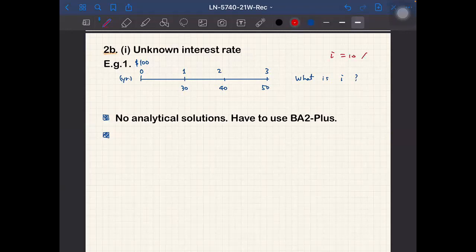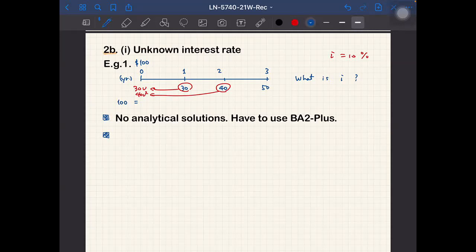But to get the accurate number, you have to solve 100 is equal to, okay, so this 30 is worth 30v at time 0, 40 is worth 40v squared, right? So v becomes 1 after a year, so v squared becomes v and v becomes 1 after 2 years.